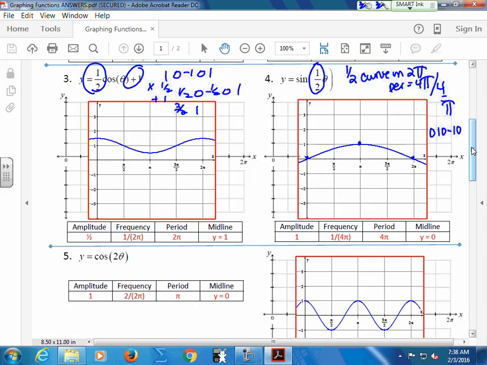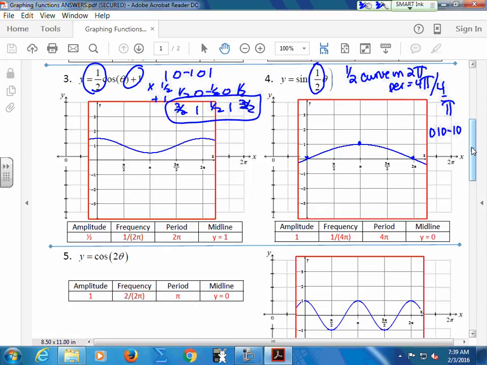Add 1 to here. Add 1 to here. Add 1 to here. Oops, this was a half. 3/2. Okay, there's your cycle. 3/2, 1, 1/2, 1, 3/2. There's your whole cycle. Don't even think about it. Just follow the same pattern every time you do these.